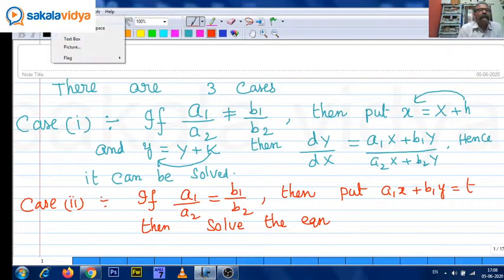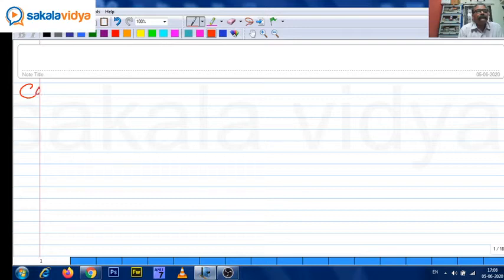Next we have case 3. Case 3 means regrouping. That is actually we can solve now.